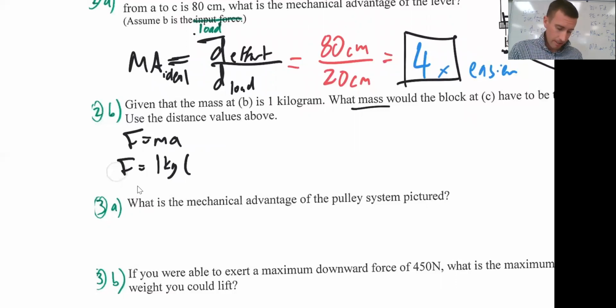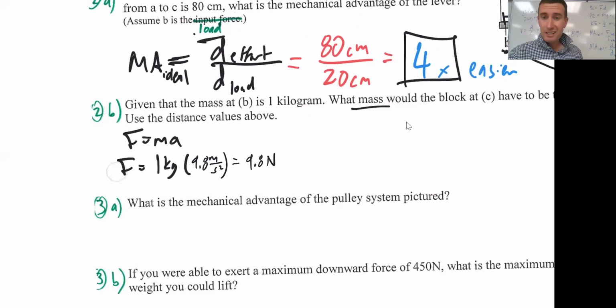And I know that the acceleration due to gravity is 9.8 meters per second squared. So 1 times 9.8 is a total of 9.8 newtons. Cool. So I can turn that into a force. Now, what I'm really asking for here is, use the distance values above, what mass.